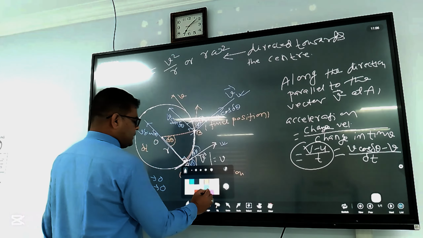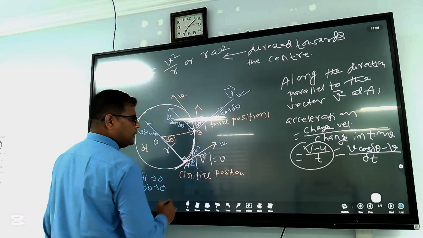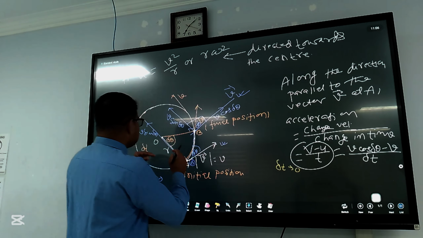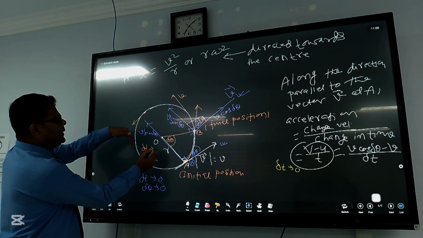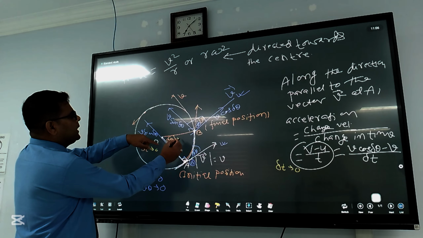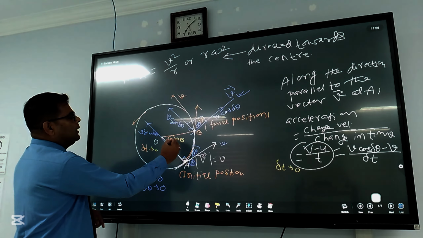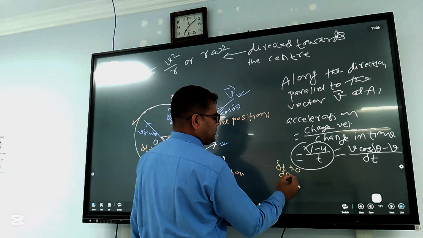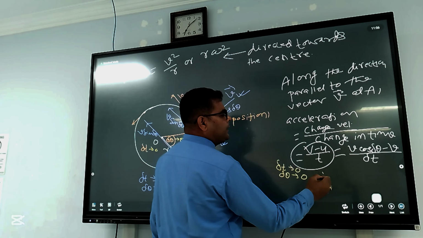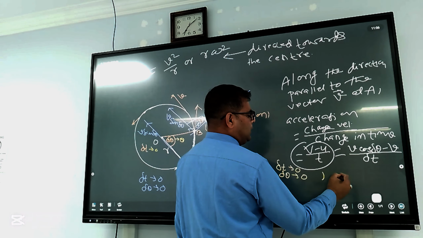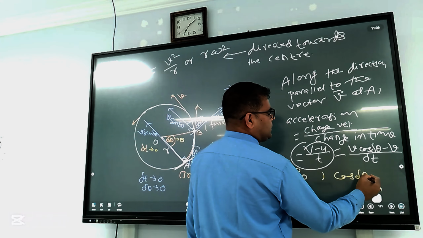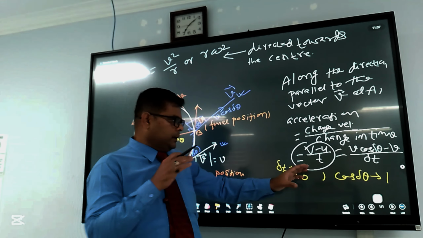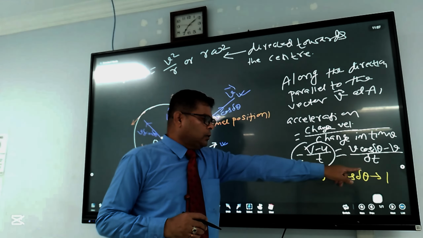Now here, when your delta t tends to 0, that means t is going towards 0, what is happening to this? Del theta will also tend to the value 0. So then what is going to happen to this cos del theta in this case? It will tend to 1, because if theta goes nearer and nearer to 0, at 0 it will be 1.